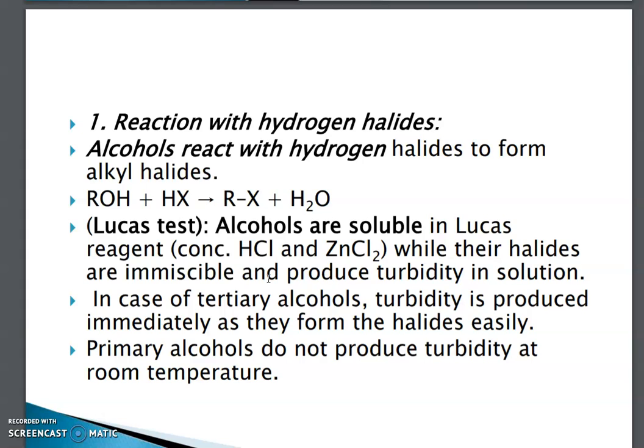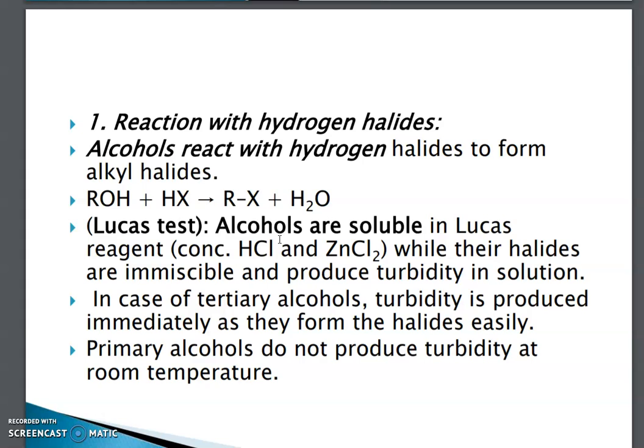Suppose three alcohols are given. We don't know which is primary, which is secondary, and which is tertiary. So what we can do is take this as a test. If we add Lucas reagent to one test tube and it forms turbidity suddenly, that is a tertiary alcohol.